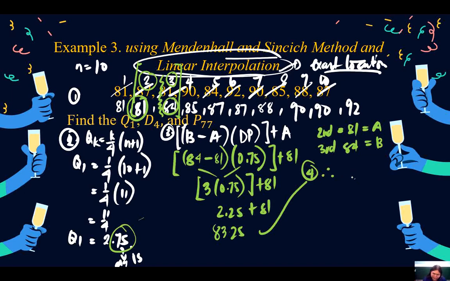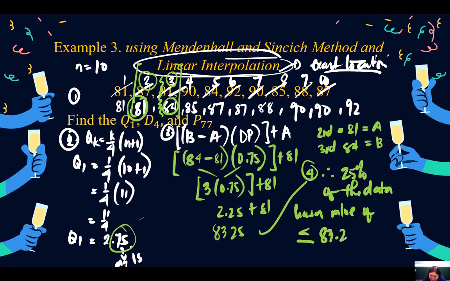So meaning, our fourth step, therefore, first quarter tayo class ha, therefore, 25% of the data has a value of less than or equal to 83.25. Okay?